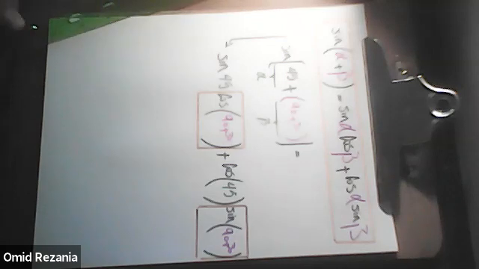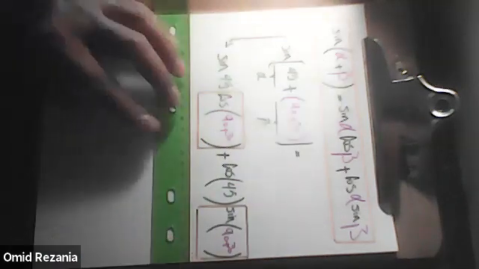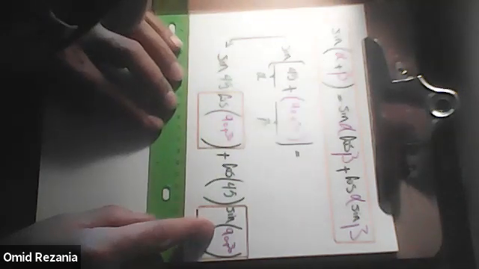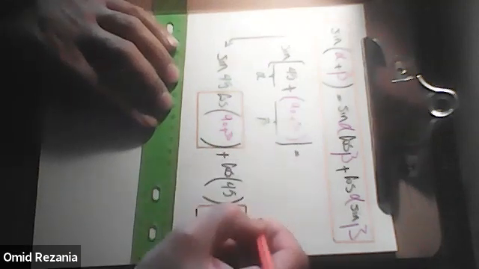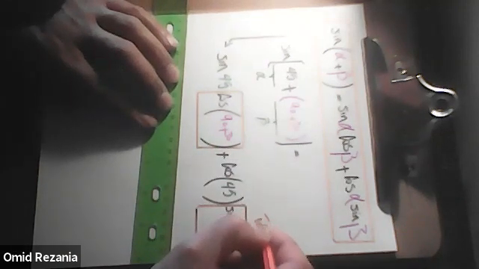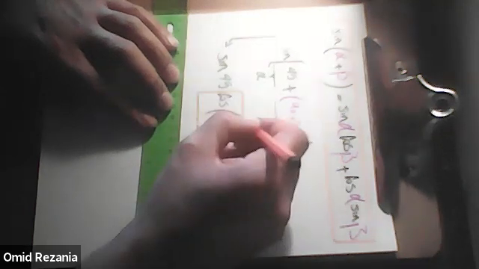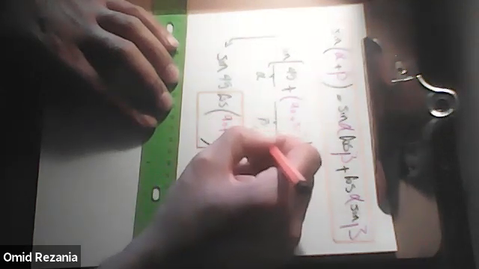The first lesson is that I'm just going to use this one because I have the sine of, I call this one term 1, and I call this term 2, correct?